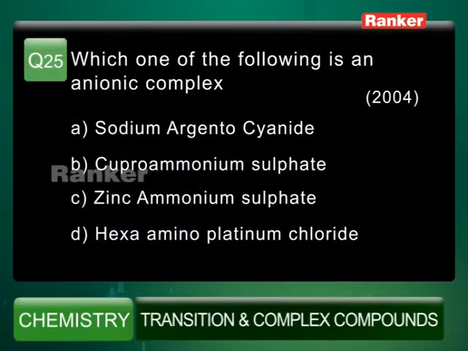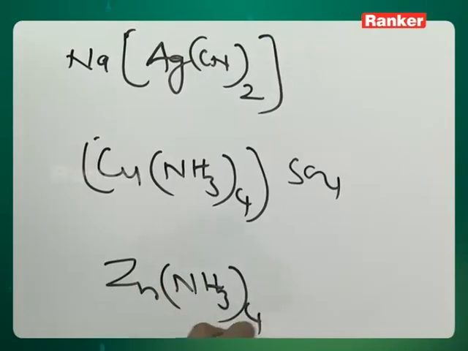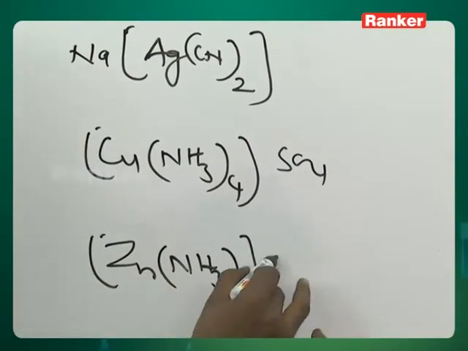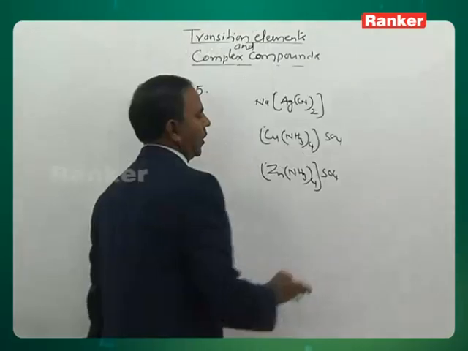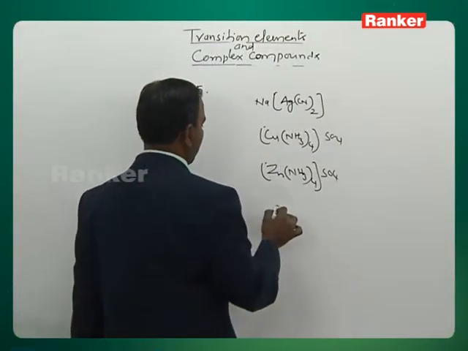Third one, zinc ammonium sulfate, [Zn(NH3)4] sulfate. Option D, hexaammine platinum chloride.